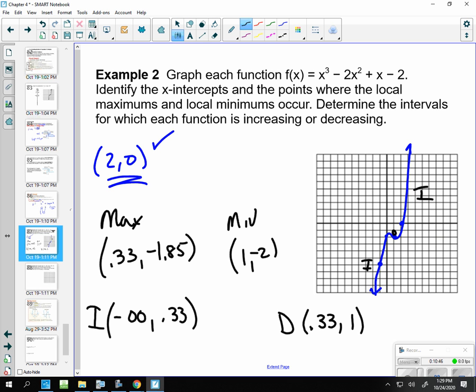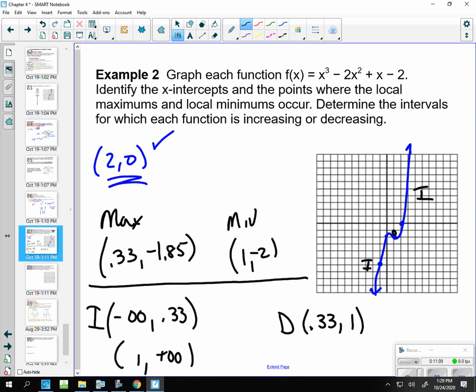Notice all of these are using the x's. And my increasing goes from 1 to positive infinity. So as I said, there's always going to be one that has a negative infinity in the beginning and one that has a positive infinity at the end. So this is increasing, decreasing, and increasing again. Those are my answers. I've got all of them from a graphing calculator.